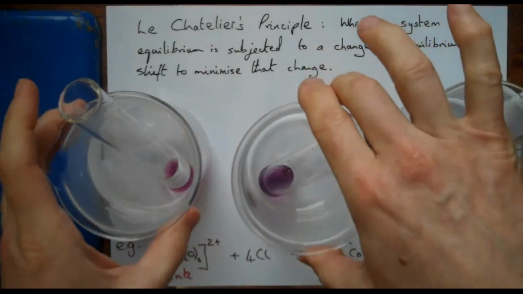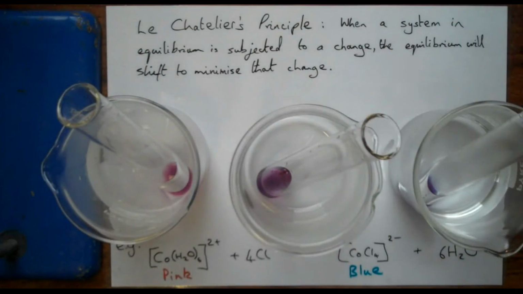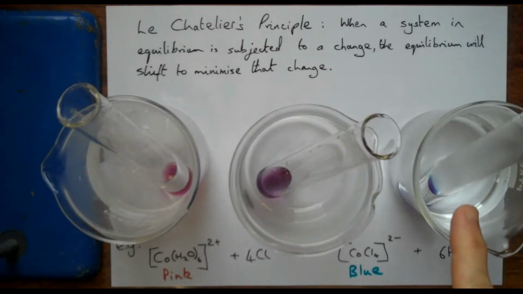Remember what we've done. According to Le Chatelier's principle, if we subject an equilibrium to a change, the equilibrium will shift to minimize that change. So if I heat something up, it will go in the direction that tries to cool it down, and that is the endothermic direction.